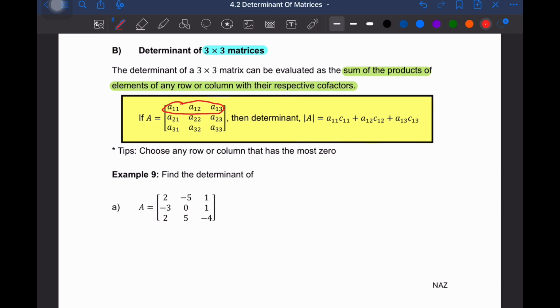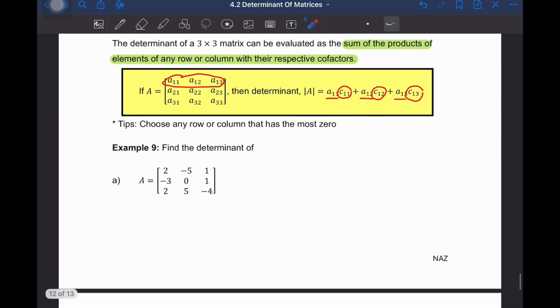Then my determinant will be A11 times its cofactor, and then A12 times the cofactor of element A12, and then element A13 times the cofactor of element A13, just like that. So you can choose any row or any column that you want. The tip is that we will choose any row or column that has the most 0.